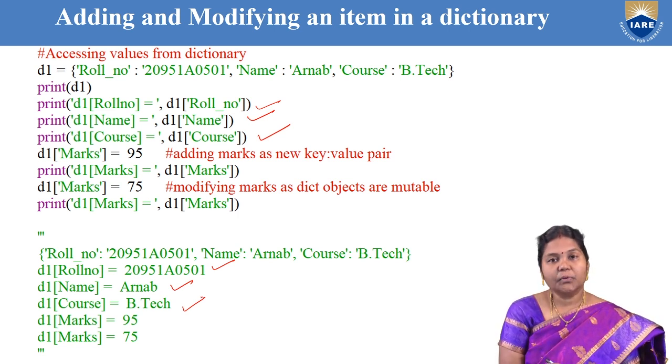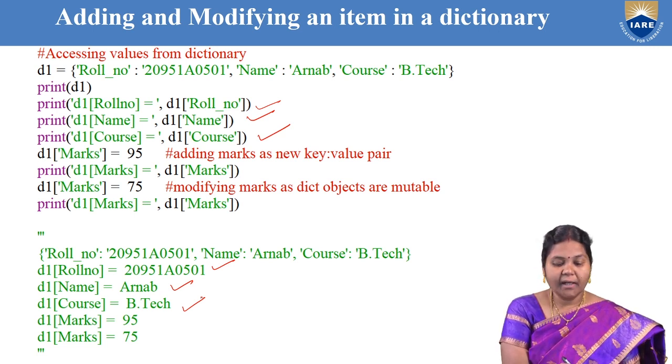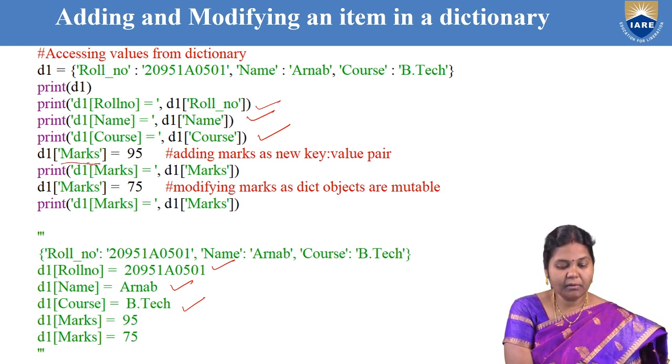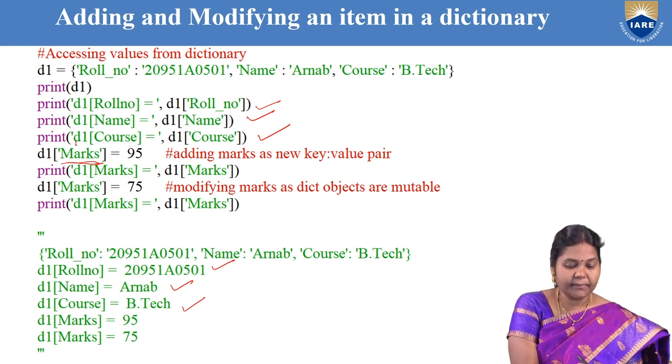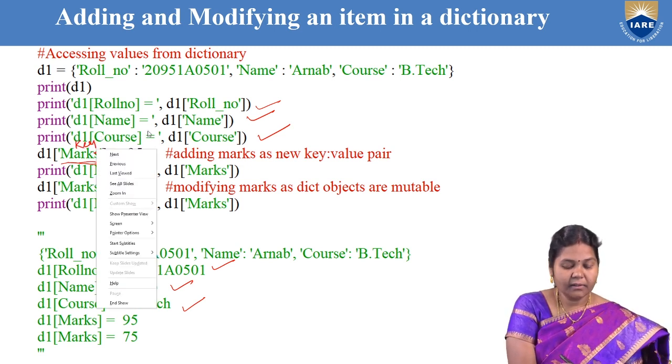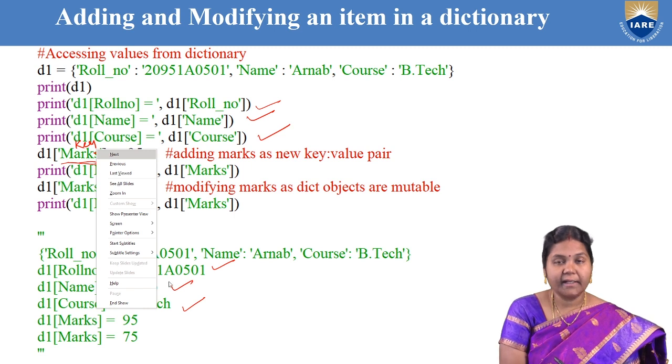Now, let us try to modify the existing values. First of all, I want to add one key value pair, and then we will discuss how to modify it. I want to add a new key value pair called marks of the student. So D1 of marks, where marks is the key, and we give an associated value of 95.